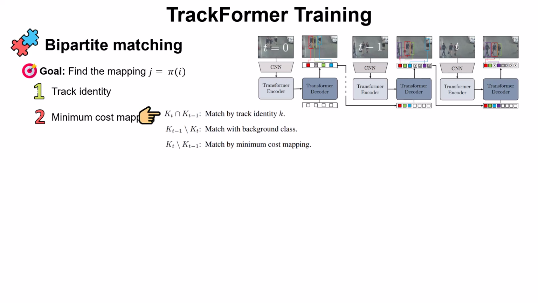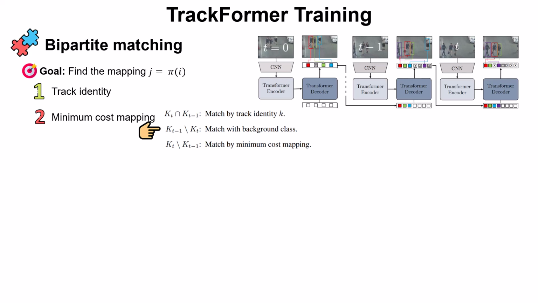The first scenario is K_t, the objects at time frame t intersected with the objects at time frame t-1, which are the objects that we are seeing in both time frames t-1 and t. And we are using this track identity just by passing those output tokens to the next input tokens to track those identities. The next scenario is for the objects that we see at time frame t-1, but that are not visible anymore at the current time frame.